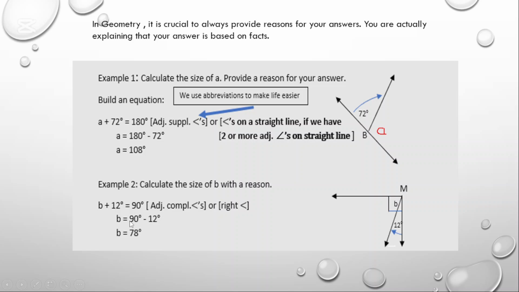B is equal to 90, and we must subtract that 12 from 90, and in this case B is equal to 78. So we have B equal to 78 degrees, and this is our given angle, or our known angle. Our known angle is 12 degrees, and B is equal to 78 degrees.